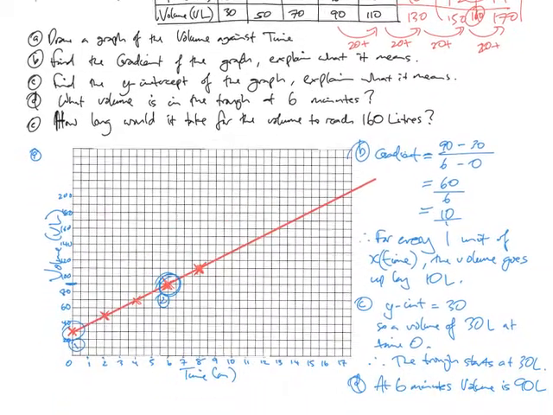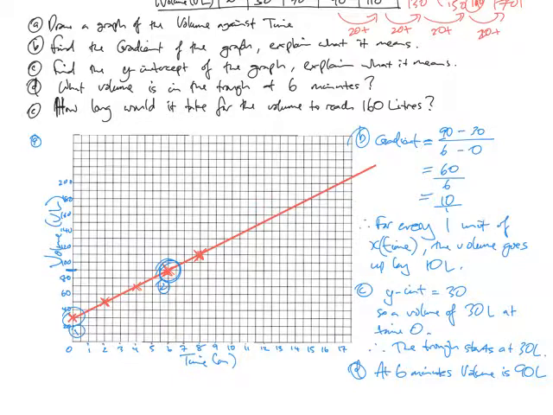Let's check if our line is straight and tells us the same thing. 160, go across. I can't draw very accurately on this screen, but yeah, there we go. It pretty much crosses the point at 13 minutes. So E, answering the last question, how long would it take for the volume to reach 160 litres?